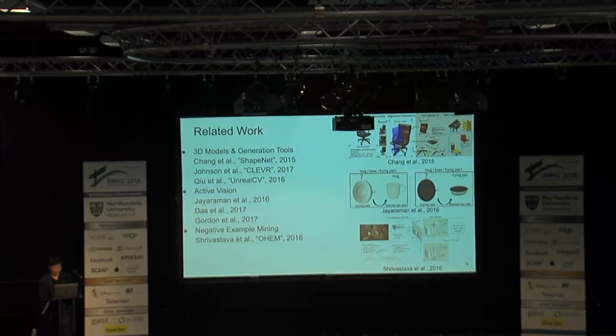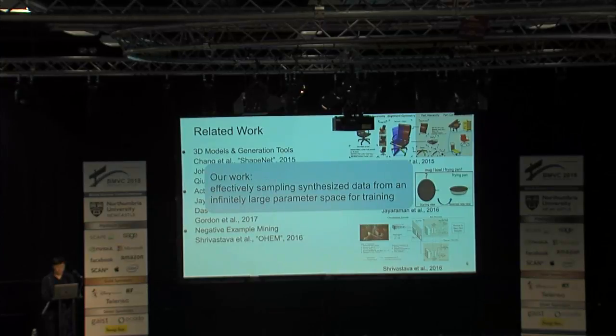In active vision, the work from Yararaman manipulates viewing parameters at test time to maximize the confidence in making a prediction, and others use navigation in an interactive visual question answering setting. And there is plenty of literature that adjusts sampling probability given a fixed finite training set, such as online hard sample mining. Our work aims to effectively sample synthesized data from an infinitely large parameter space.